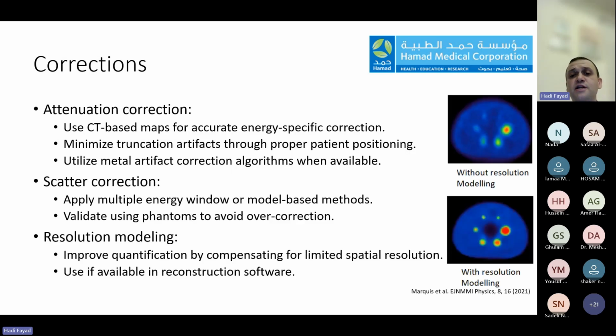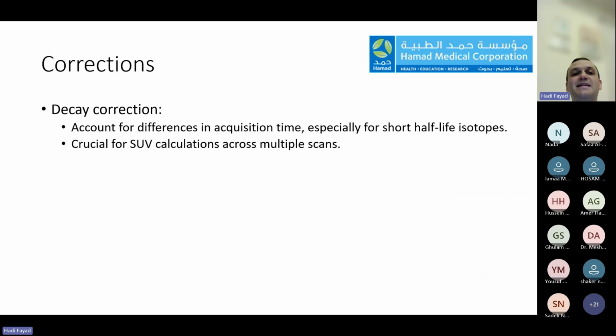The resolution modeling also, if the software is available in your reconstruction software. I'm talking about clinical acquisition, not research where you can do it in your own code. Here it will really improve quantification, and it's a very important aspect. So if you have it available, use it, and it will be important to obtain an accurate quantitative SPECT/CT at the end.